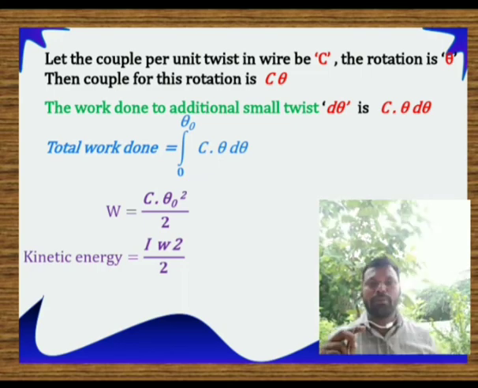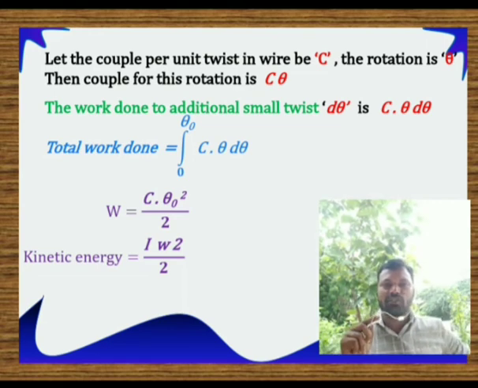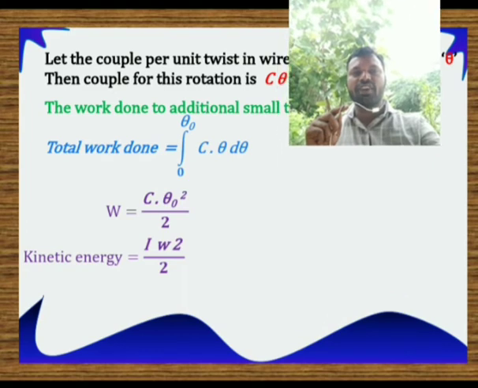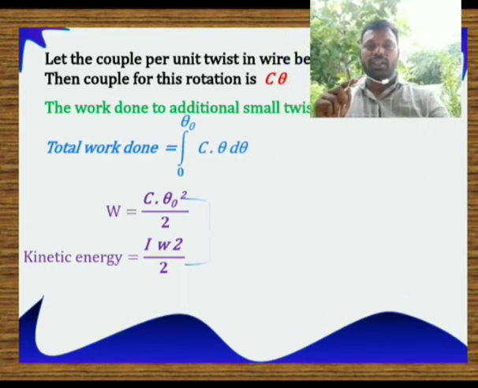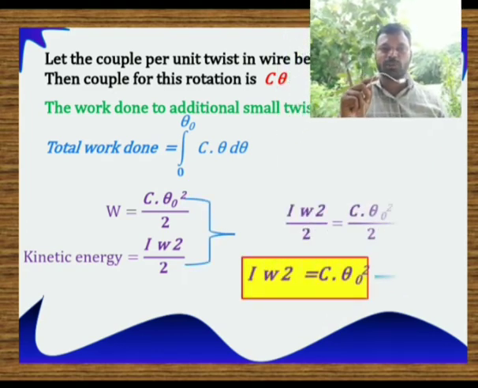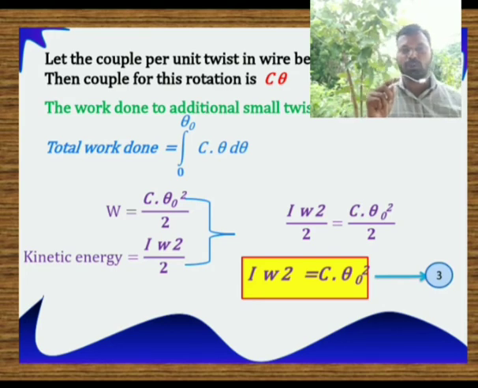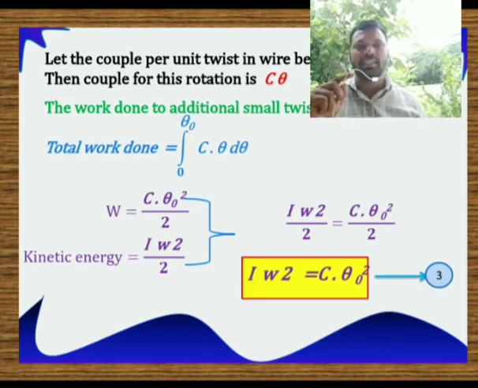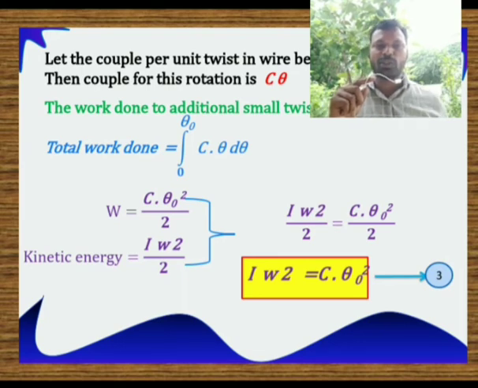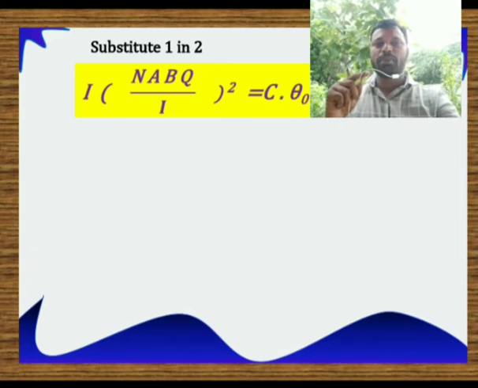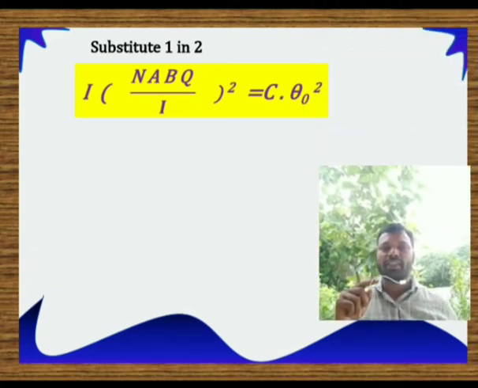Okay, W is equal to C theta naught square by 2. But generally the kinetic energy formula is half I omega square. So if I equate these two, I omega square by 2 is equal to C theta naught square by 2. The 2 cancels, then I omega square is equal to C theta naught square. But from the earlier equation, what is omega?